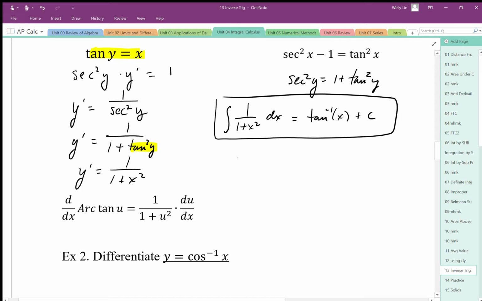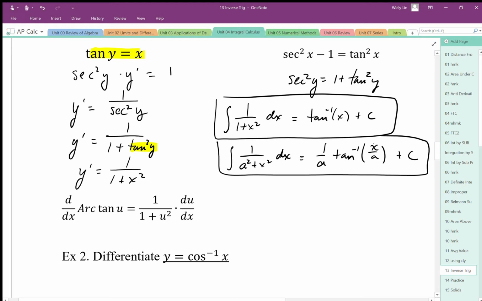And again, I'm going to show you another one here, which is more of a generalization. Now, again, I'm not going to elaborate on how we get from here to this expression. This becomes 1 over a, arctan of x over a, plus c. Okay, these are ones that we should now have as our standard integrals.